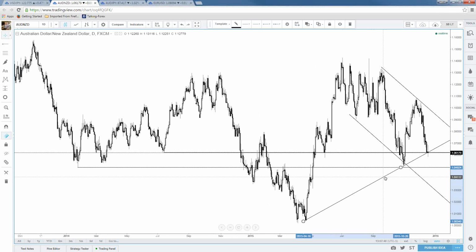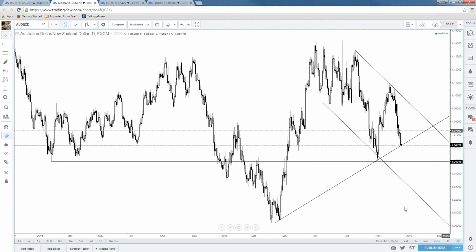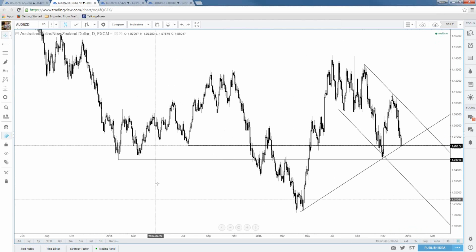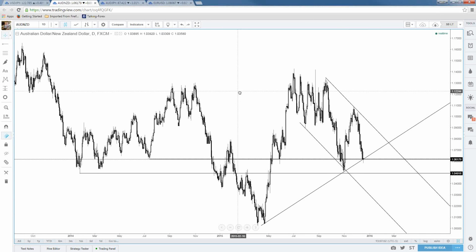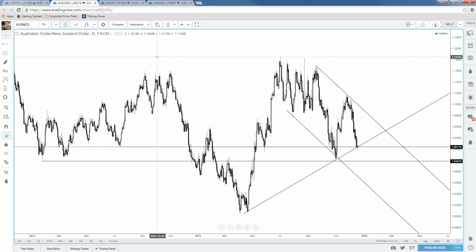And if this doesn't hold, I guess the next level you'd be looking at would probably be down at this downtrend channel, which would be a ways away. This is one of the opportunities that really could materialize in 2016.